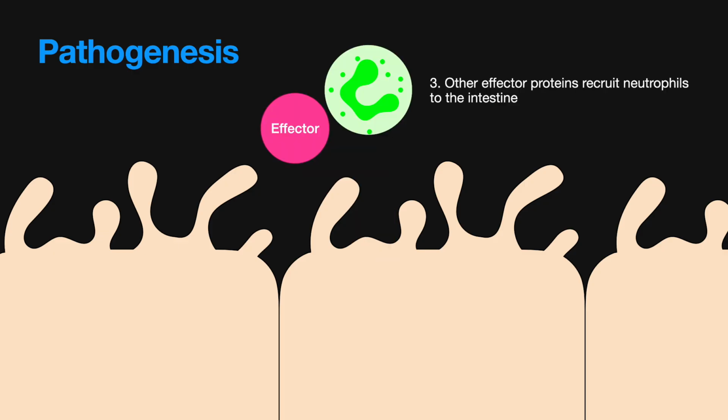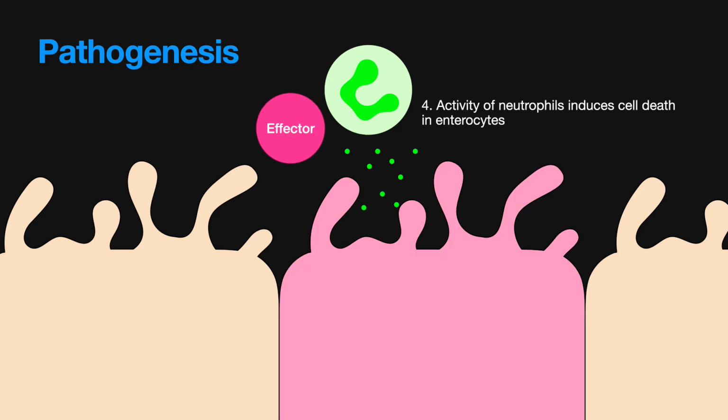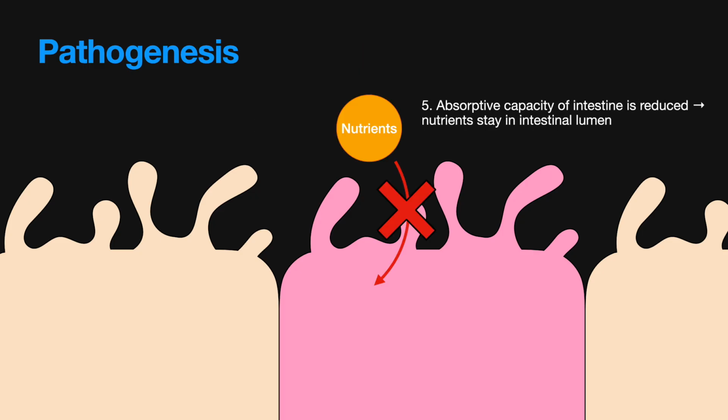Other effector proteins recruit neutrophils to the intestine. The activity of these neutrophils induces cell death within the enterocytes. Because of this cell death, the absorptive capacity of the intestine is reduced, and nutrients stay in the intestinal lumen.